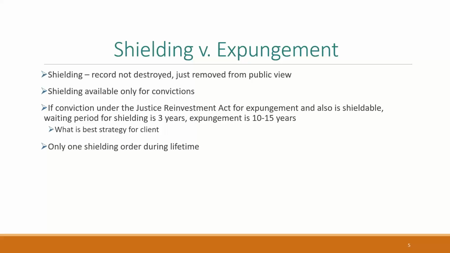In certain instances, they may actually literally destroy the case. But if they don't literally destroy a case, when they expunge a case, it is gone from the case search. It is gone from the court system completely. It really doesn't exist anymore. Shielding is really just hiding the case.